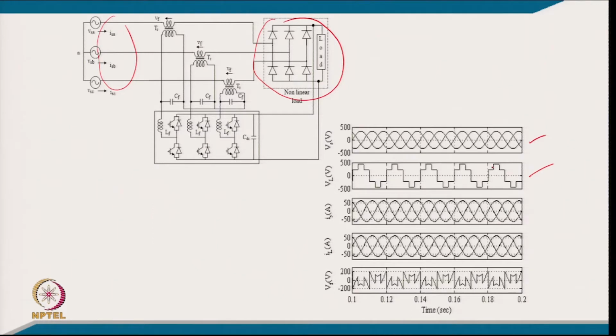That voltage will be reflected here, and then by appropriately injecting the difference of these two, that is the series active filter voltage, we are able to achieve balanced, sinusoidal three phase current in phase with the supply voltage. So unity power factor is achieved, and the current flowing at the input of the diode rectifier, which we can call the AC load current, is also the same as the source current, because it is an entire series circuit.